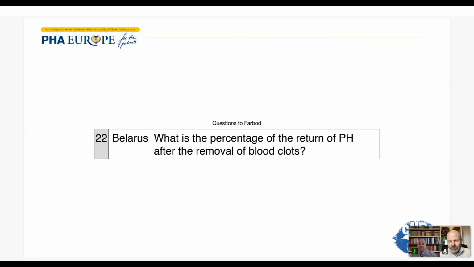So the odds are good that if you undergo surgery at an experienced place, that you will no longer have pH. But again, does that mean you're completely cured? And does that apply if you have difficult to operate on disease? That's really the question.